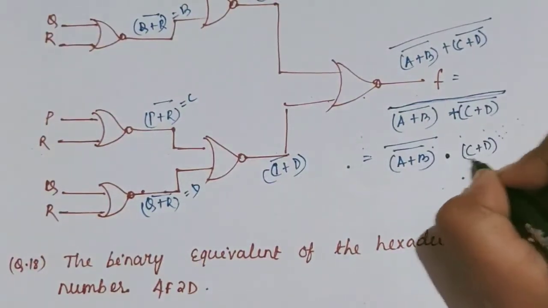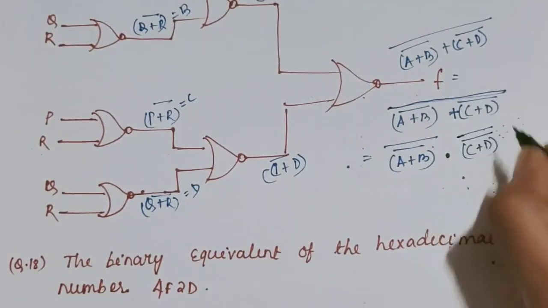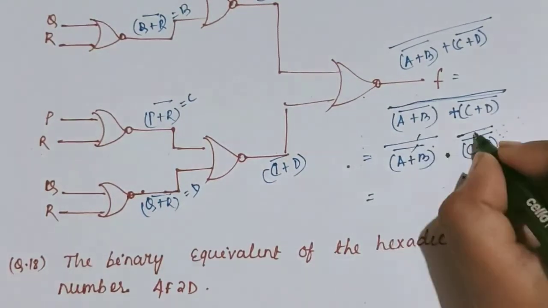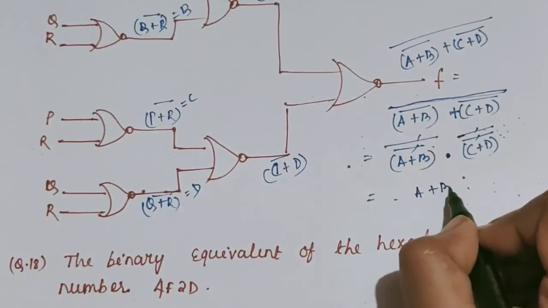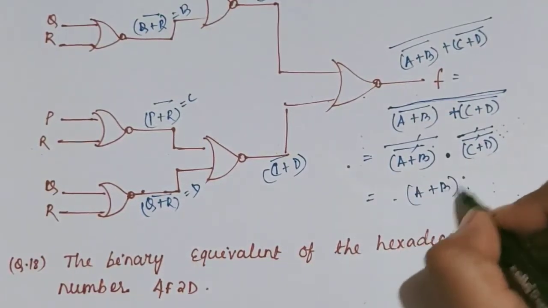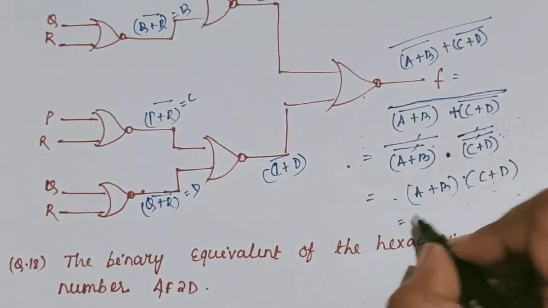Then C plus D, De Morgan's law, whole bar. Then bar and bar will cancel. So it will be A plus B into C plus D.